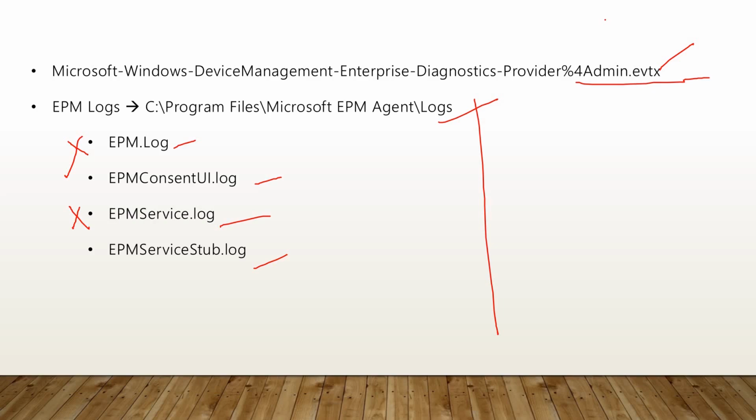So the EPM service log shows how many policies were found for a specific user, whether a rule was found or not, whether the EPM consent UI is launched or not, whether justification is received or not. It shows whatever is happening with the tokens, and it shows whether the process is ultimately launched in admin context for the end user or not, right?